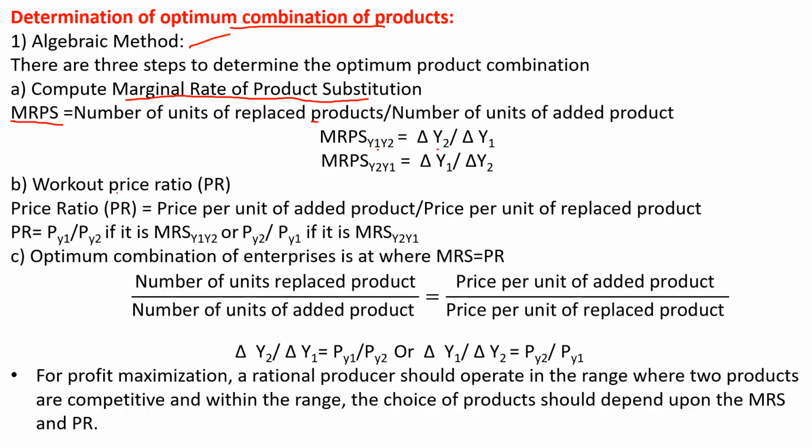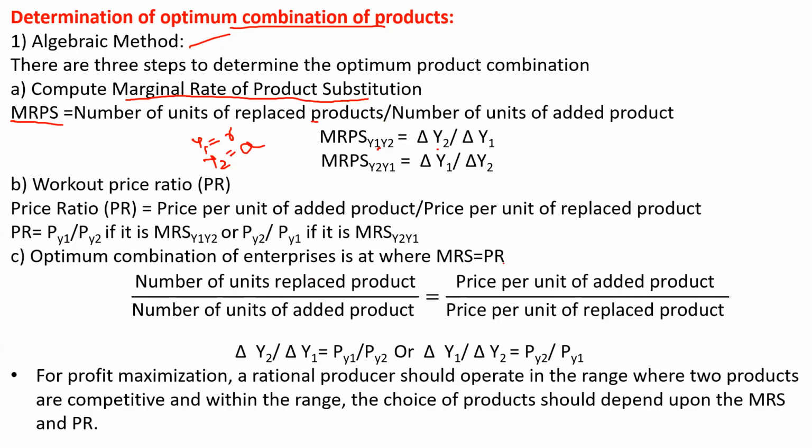Second step is to work out the price ratio. Now price ratio is equal to price per unit of added product divided by price per unit of replaced product. So if we consider y1 as replaced and y2 as added, price ratio will be equal to price of y1 divided by price of y2.